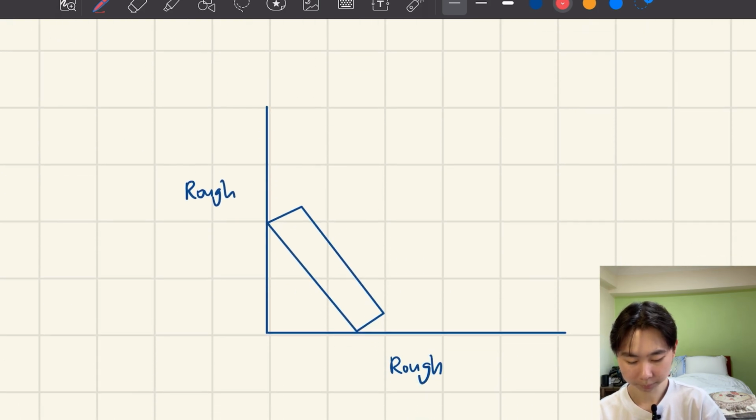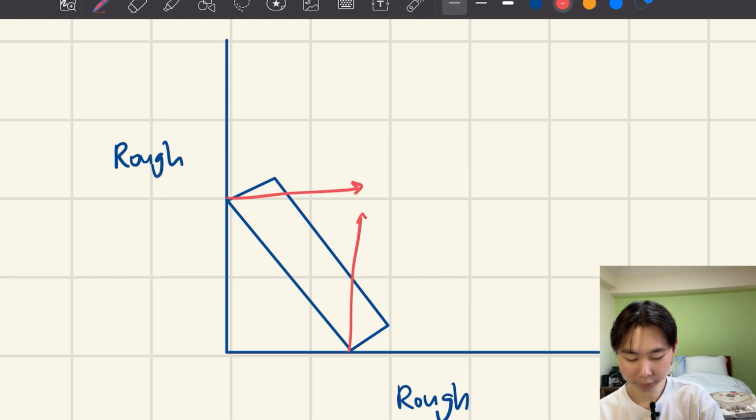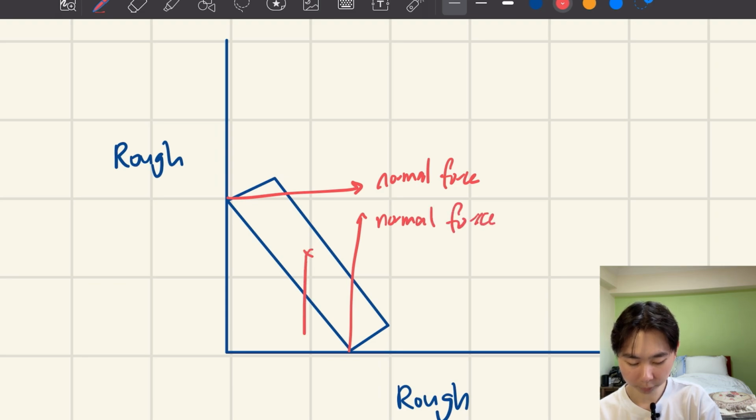Second scenario here, this one is a bit more tedious. I have two rough surfaces and a block that's resting on the wall as well as the ground. So naturally there'll be normal reaction force. This one will be perpendicular to the surfaces that are in contact. Besides that, same thing, we have your weight. Weight will originate from the center of the object.